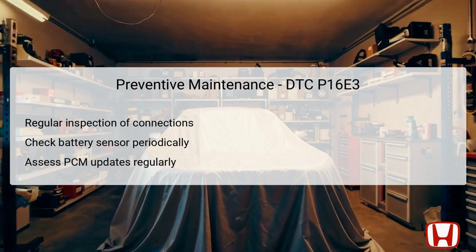Additionally, routinely checking the condition and functionality of the battery sensor can mitigate risks of erroneous readings that could affect overall vehicle performance. Another essential aspect of maintenance is ensuring that the powertrain control module, or PCM, is updated with the latest software. This updated software can improve communication and system performance, reducing future instances of DTC P16E3 occurring.